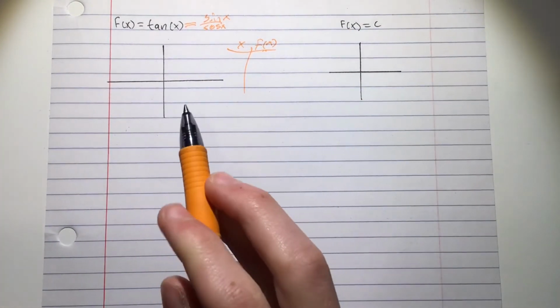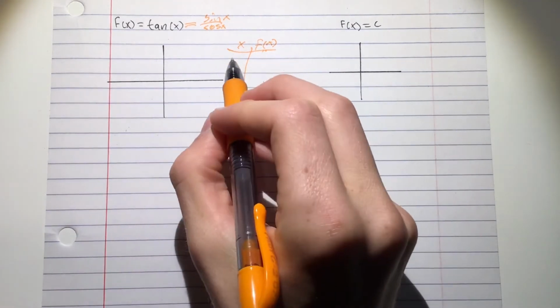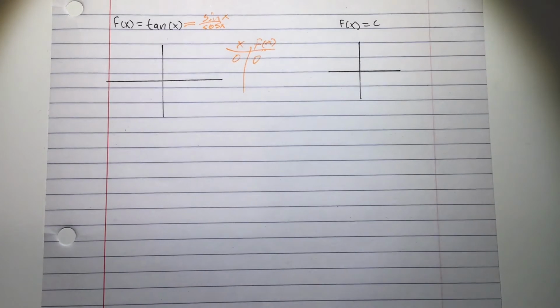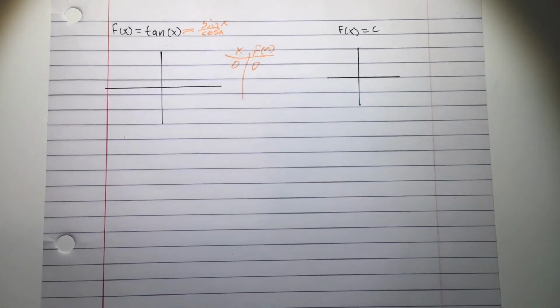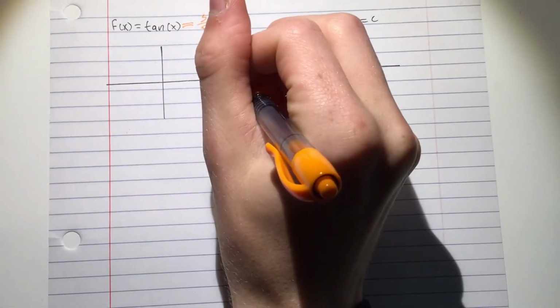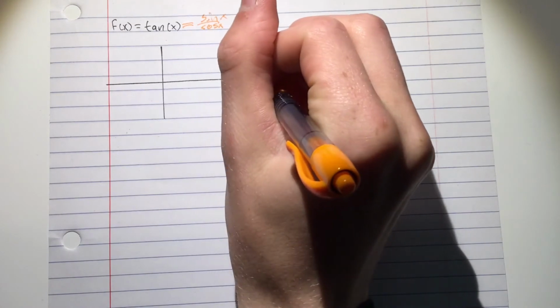if we pick 0, sine of 0 is 0, cosine of 0 is 1, and 0 over 1 is 0, so we have a point at (0, 0). And then if we pick pi fourths, sine of pi fourths is root 2 over 2, cosine of pi fourths is root 2 over 2, and root 2 over 2 over root 2 over 2 is 1. So pi fourths, 1.